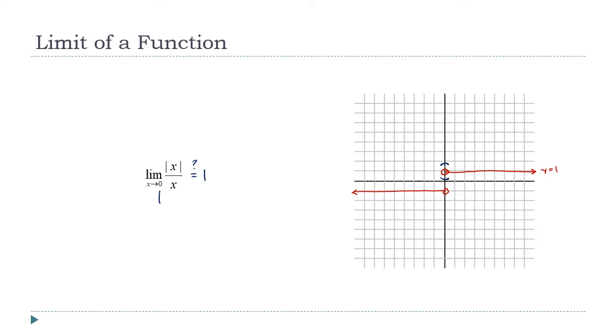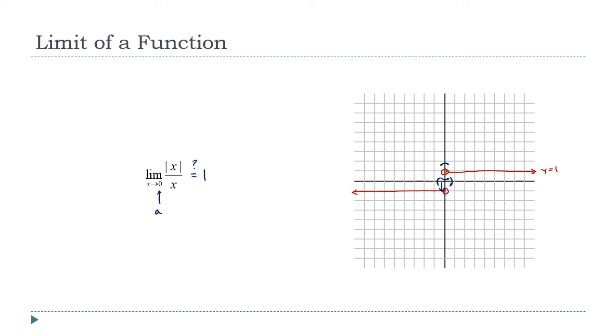Remember, that's my A right here. I have to find an interval around 0 where all of the numbers in that interval get mapped into that interval on the positive y-axis. And there isn't one, right? No matter how small an interval I pick around 0, any number over here on the left-hand side is going to -1, not +1. So this can't be 1.